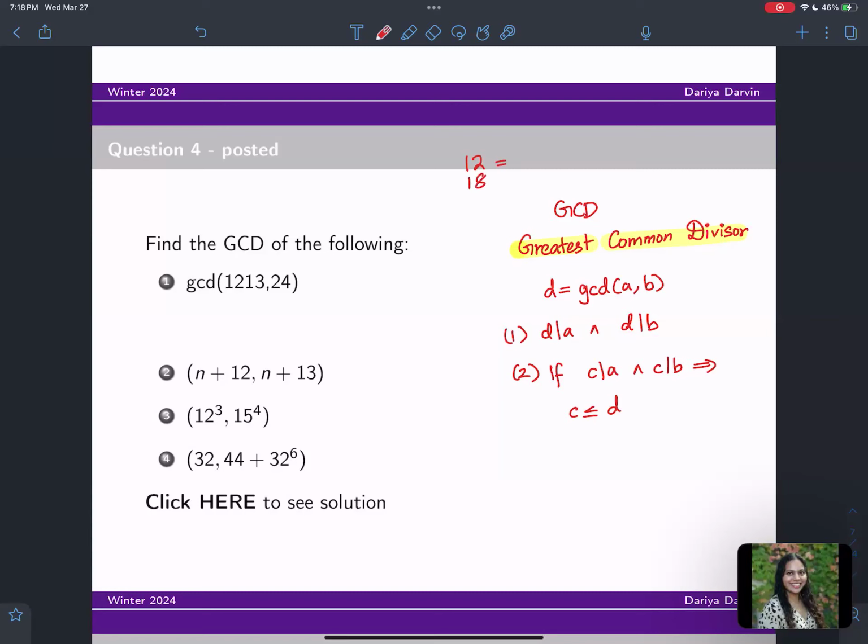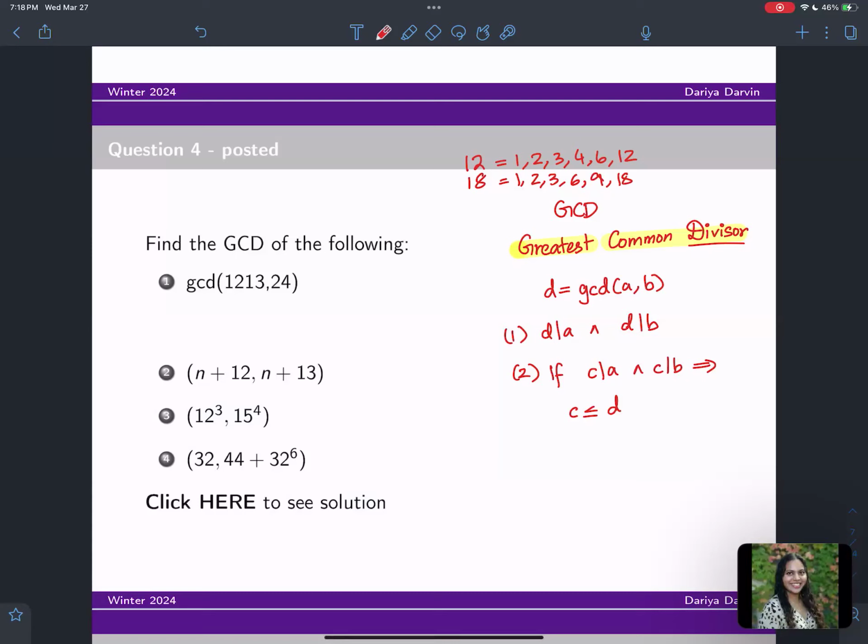First you find the common divisor. For that, you first need to find the divisors. Divisors are the factors, the numbers that divide this number. So for 12: 1, 2, 4, 6, 12. 12 1s are 12, 6 2s are 12, 4 3s are 12. Okay. For 18: 1, 2, 3, 6, 9, 18. 18 times 1, 9 times 2, 6 times 3.